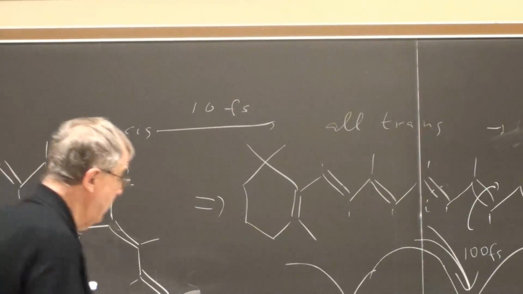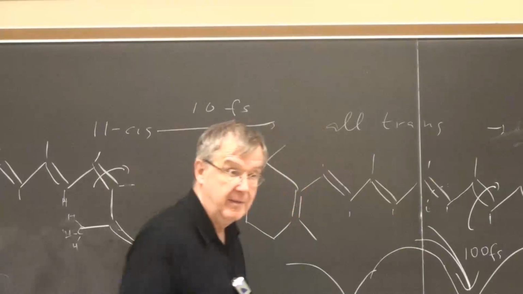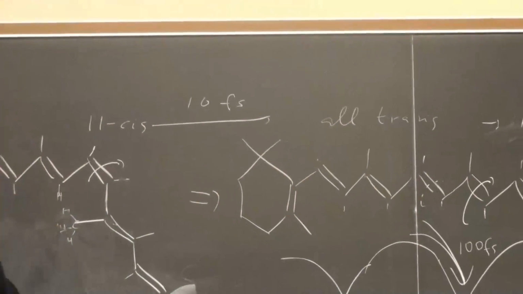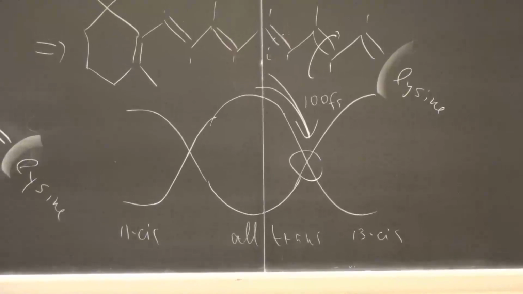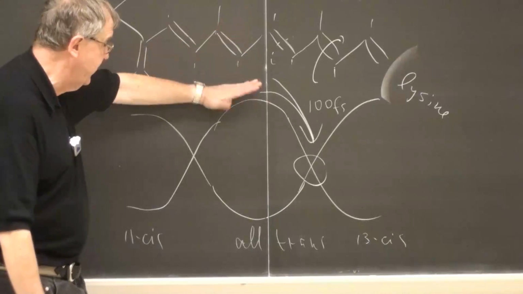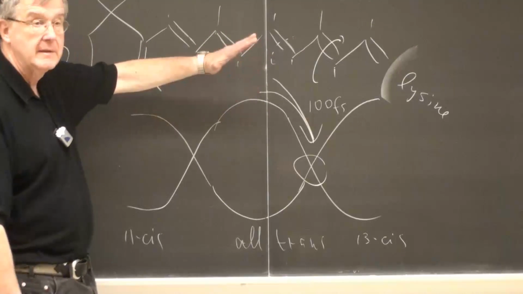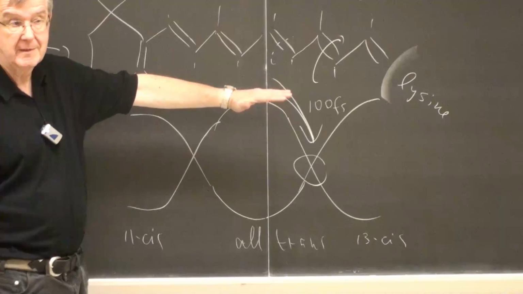So how does this happen? And that you are very efficient in crossing here, that is the secret of vision. In this case, it is the secret of by far the most abundant life form on Earth that gets the energy out of this retina.